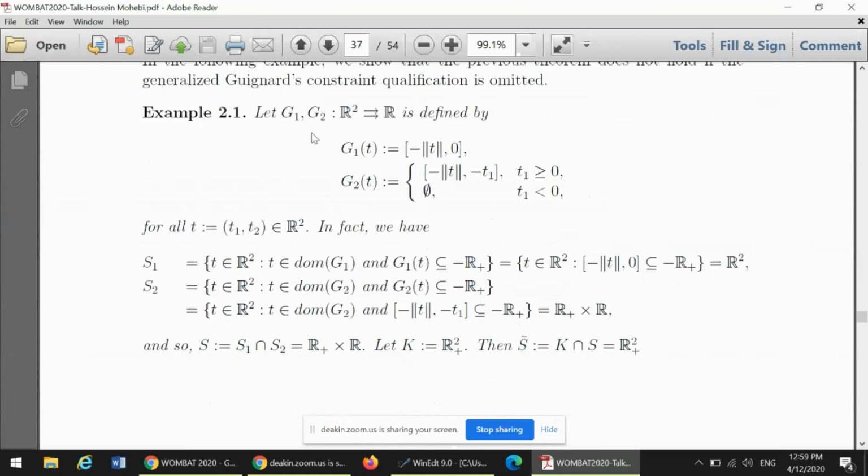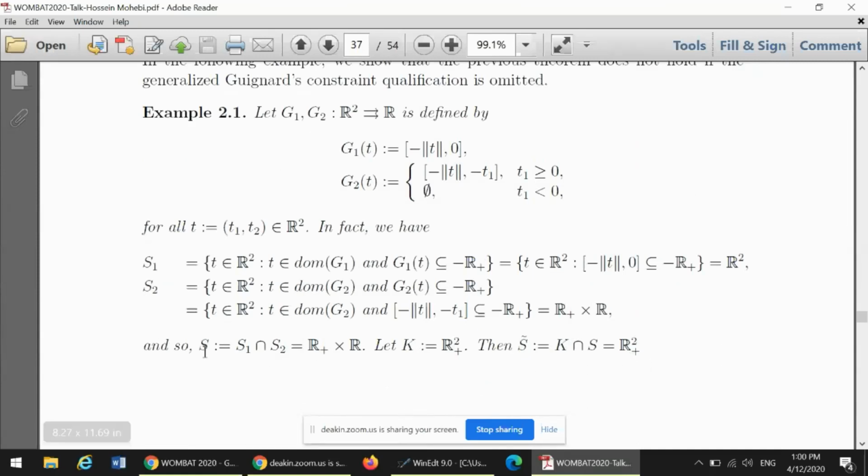Let G1 and G2 from R2 to R be defined by these relations. In fact, S1 is equal to R2, and S2 is equal to R plus cross R, and also S is equal to R plus cross R. Let K be defined by R2 plus, and then S tilde is equal to R2 plus.